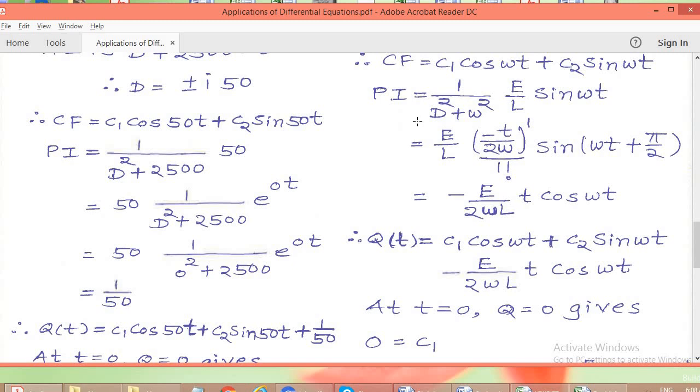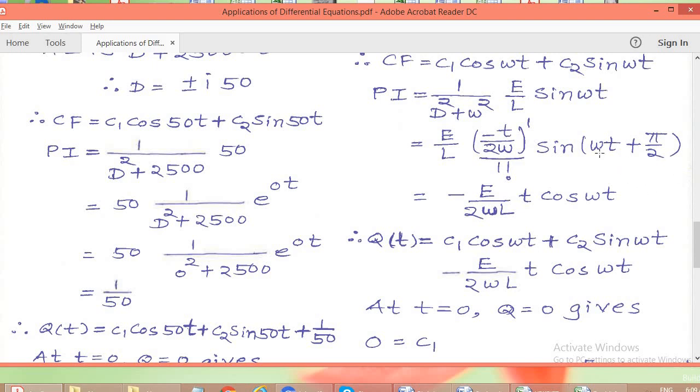So we are going to make use of formula 2b, which is minus x upon 2a to the power r upon r factorial into sine of omega t plus r times pi by 2. So here it is minus t upon 2 omega to the power 1 upon 1 factorial sine of omega t plus 1 times pi by 2. Sine of pi by 2 plus omega t is in the second quadrant.